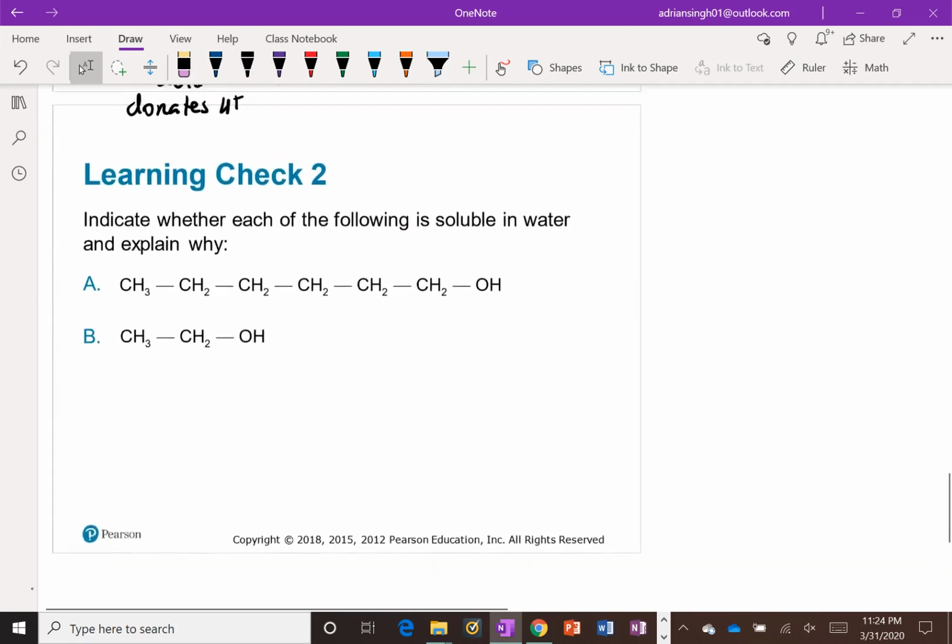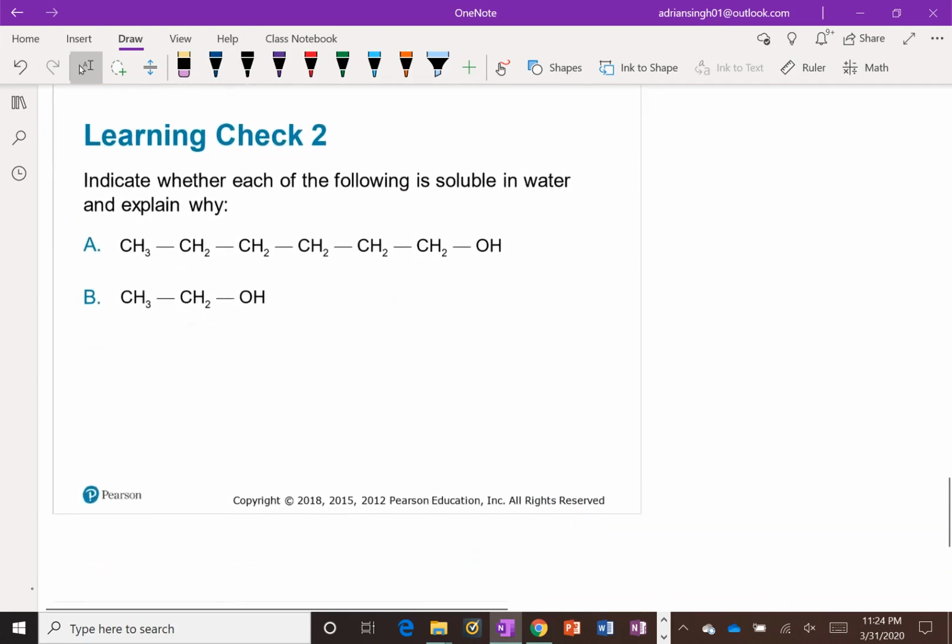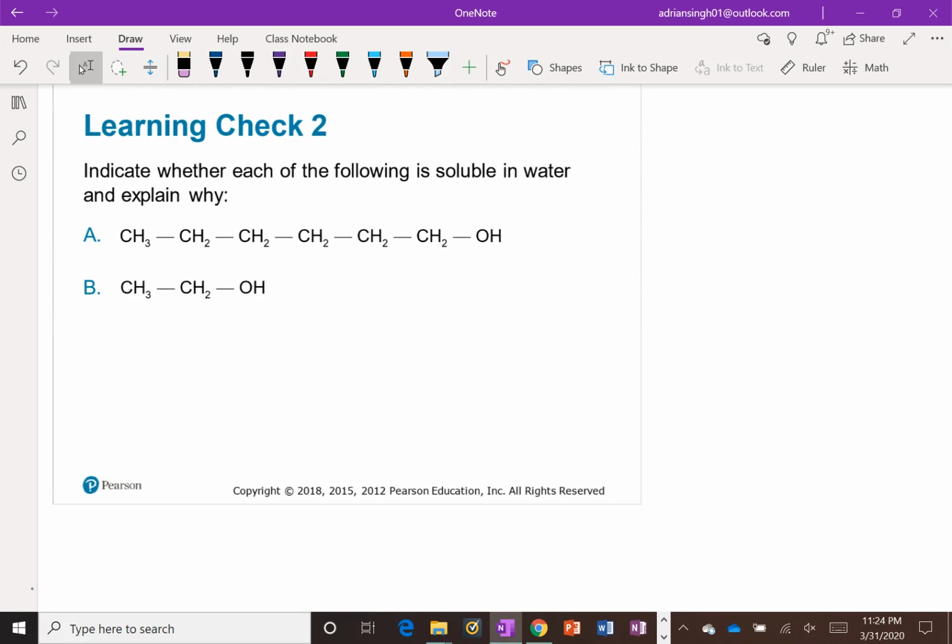So the trend that we saw there with the solubility of alcohols is a trend that we'll see throughout the entire semester, which is as you increase the number of carbons and H's, the solubility in water of that compound tends to decrease.